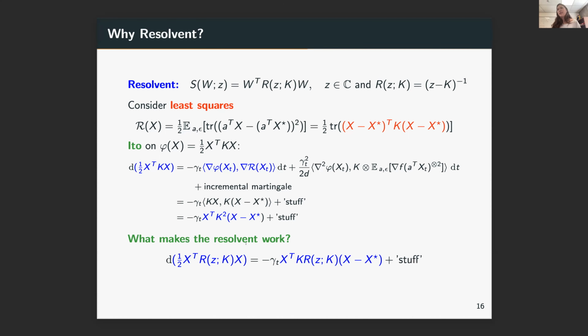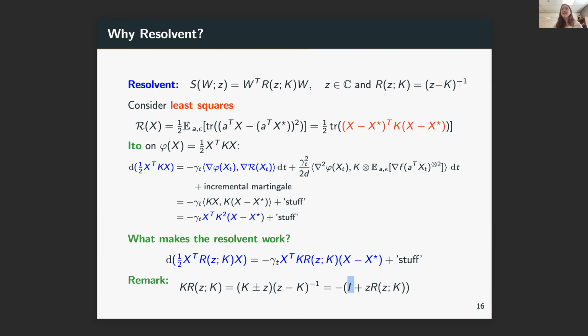The resolvent sort of solves this problem. This is the neatest trick for the resolvent. If you take the derivative with a resolvent inside, well, you still get KR plus stuff. But the trick is that you have an identity which always relates polynomials of K and R to each other. So you can take K, you just add and subtract Z. Then you have something like K minus Z with its inverse.